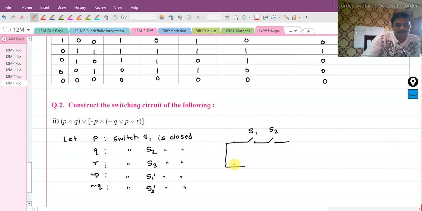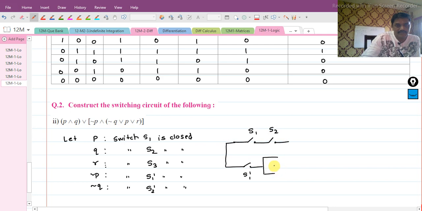Parallel with what? S1 dash. Negation P is S1 dash.